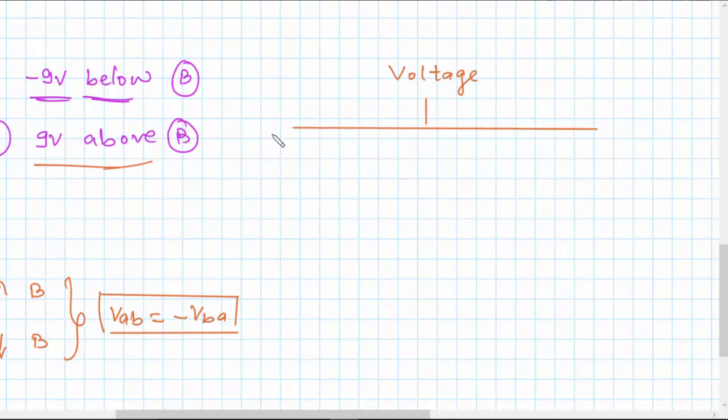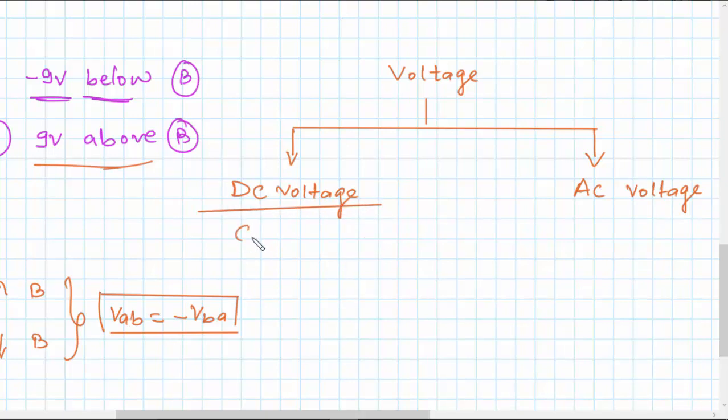The first part is DC voltage and the second part is AC voltage. DC voltage will remain constant with time and AC voltage will vary with time.